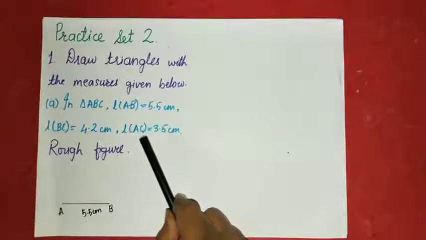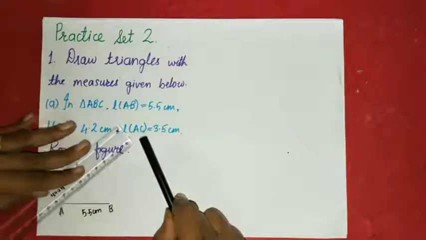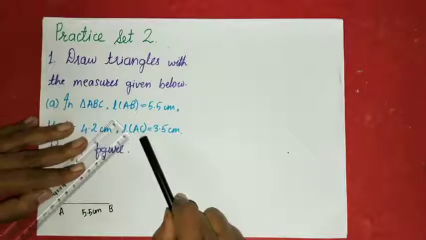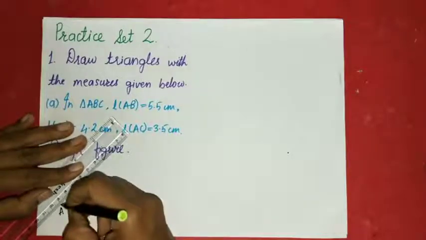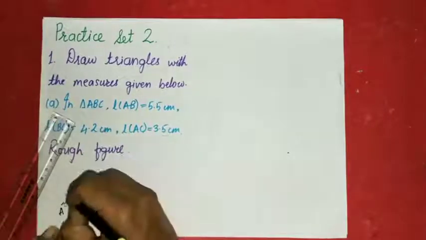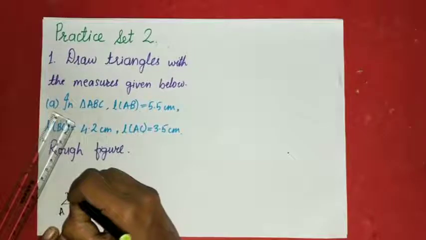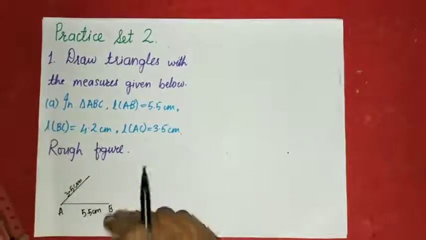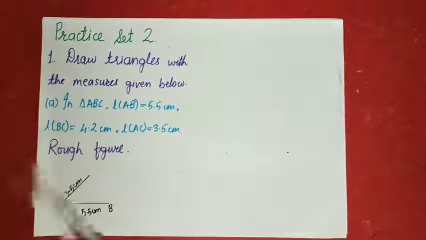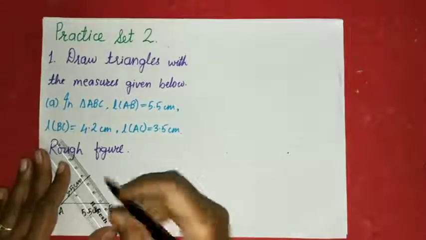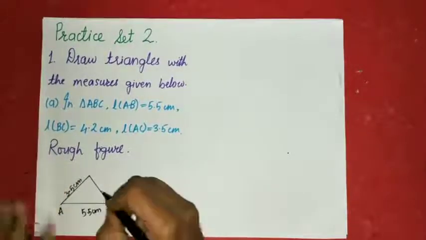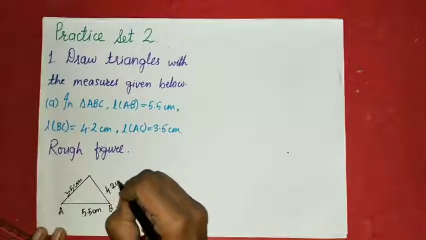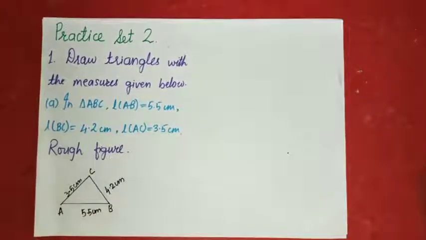Naturally segment AC from vertex A. So from this vertex you will get a segment of 3.5 cm. Draw here like this, write here 3.5 cm. And then this will be the vertex C. So you will join B and C and you will write here 4.2 cm. This is the vertex C. So this is the diagram.